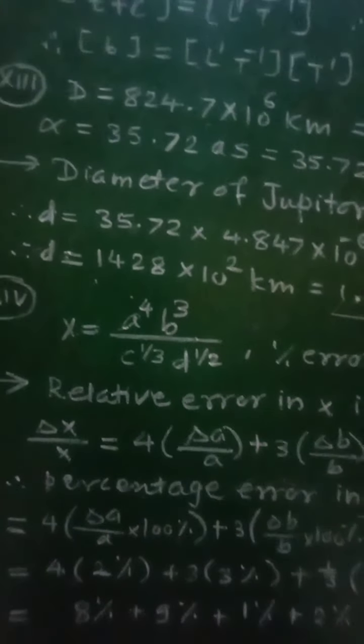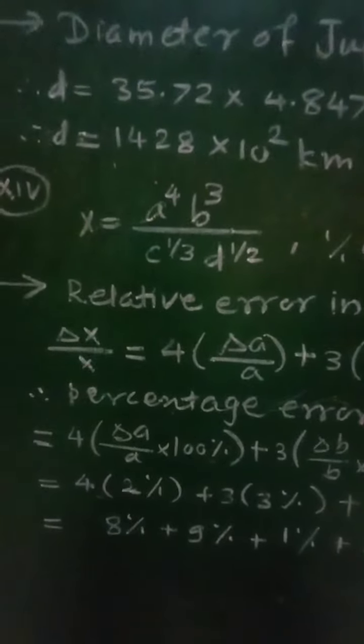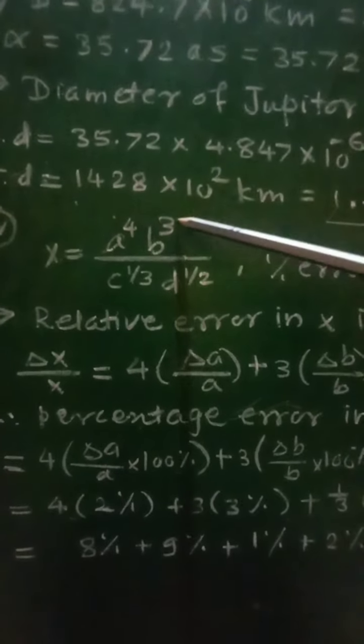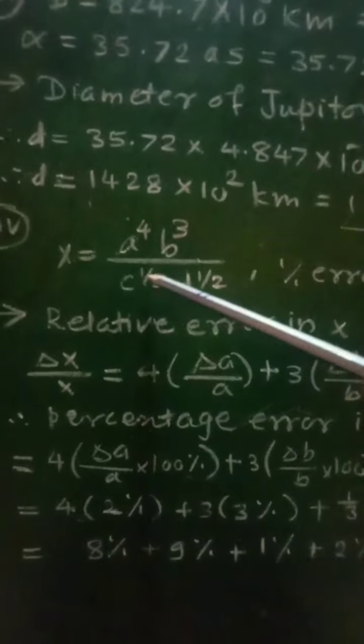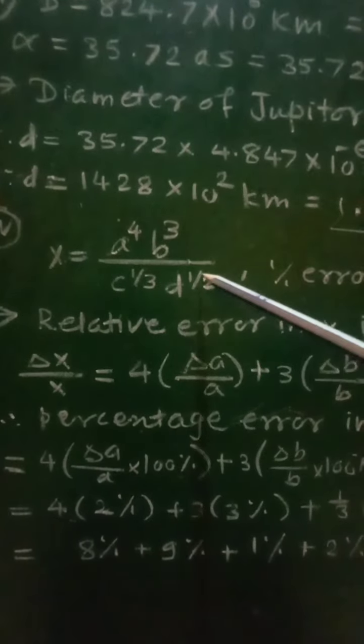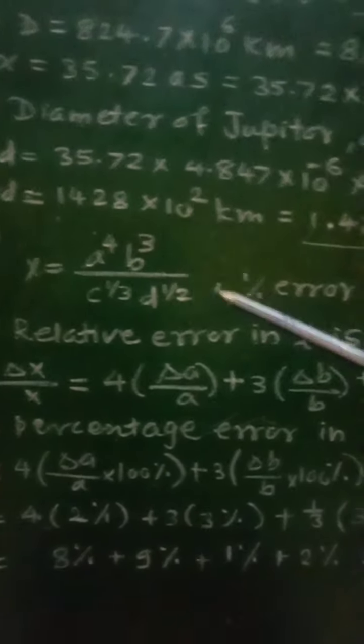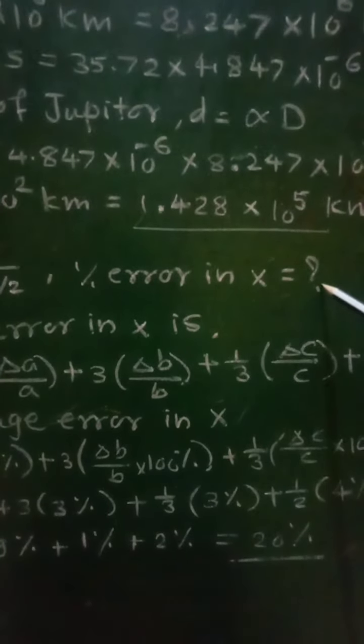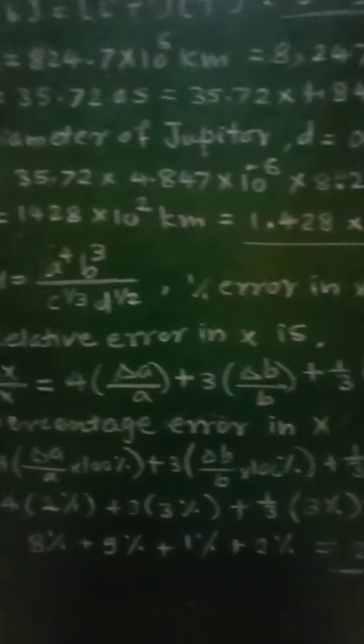By the given data, the equation is x equal to a raised to 4 b cube upon c raised to 1/3 d raised to 1/2, and we will have to find the percentage error in x.